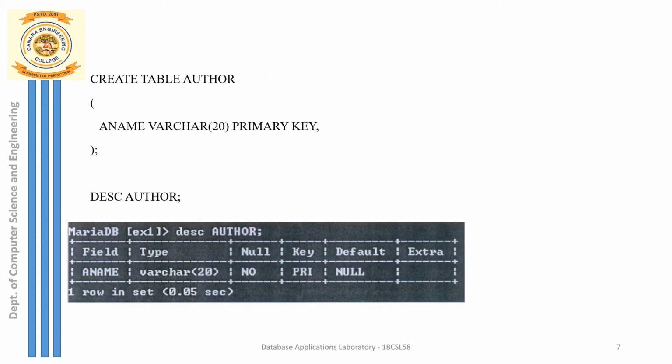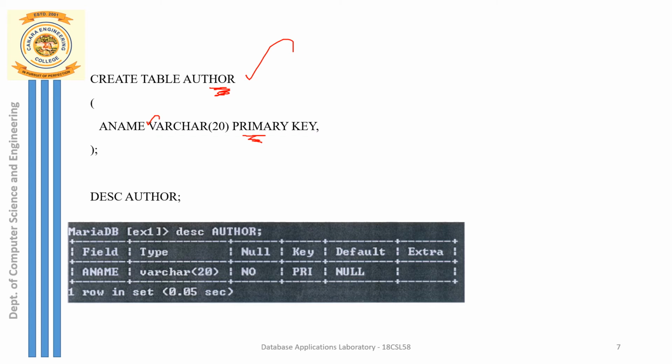We'll go to the next table now, and the next table here is the author table. I said this is one extra table that we are creating just for the purpose of understanding. Author is a new table that I'm creating with only one attribute called author name, and that is a primary key in that table.